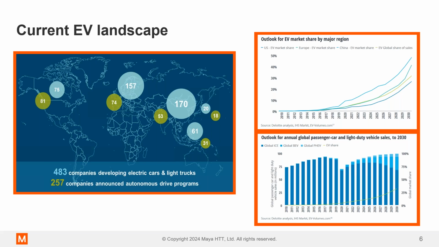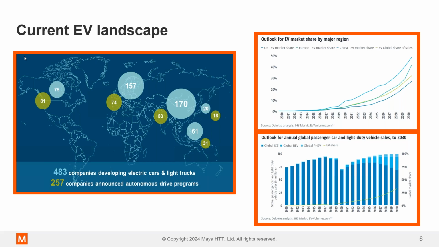Hundreds of companies developing vehicles, and this extends beyond just cars and trucks, but into things like aircraft and heavy industry. As time goes on, we're seeing a larger and larger market share for EVs, both electric vehicles and hybrid electric vehicles. As time goes on, we expect this to expand.